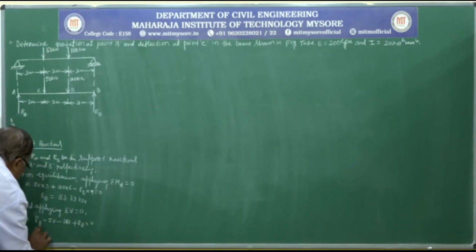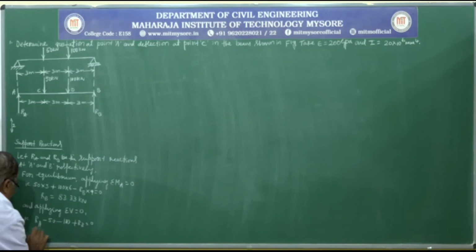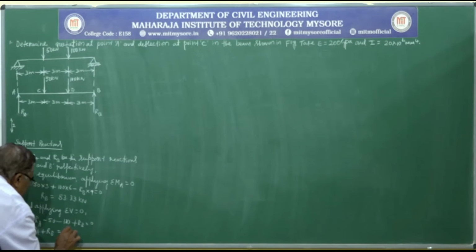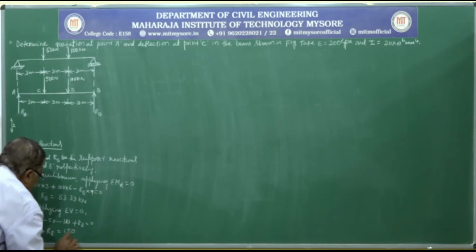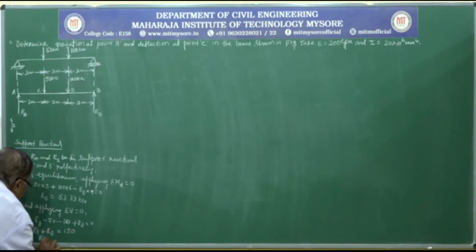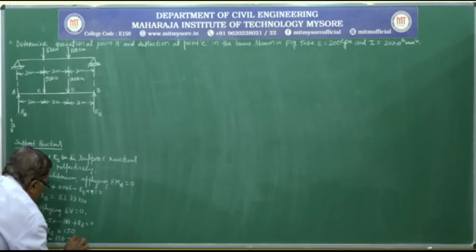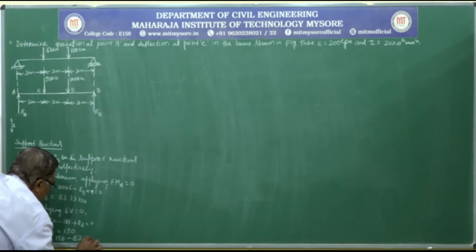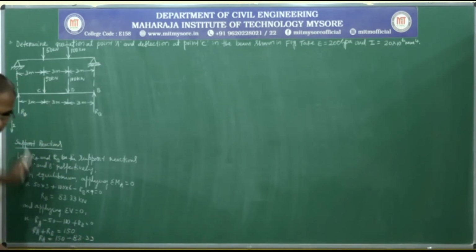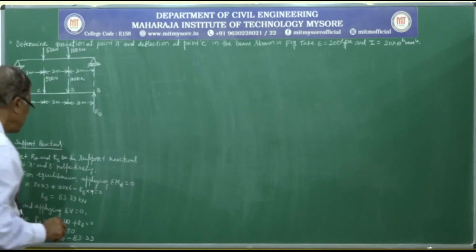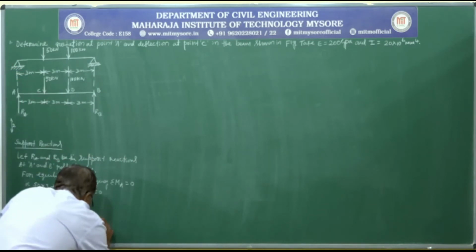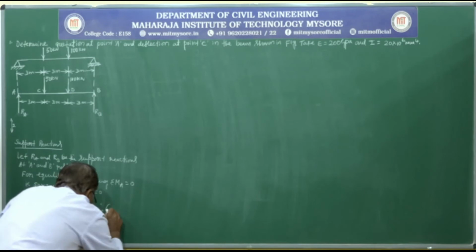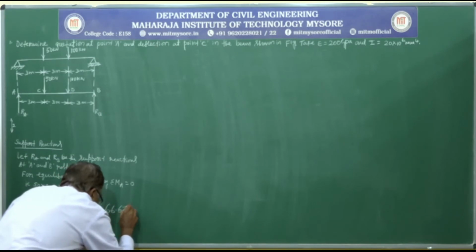RA plus RB is equal to 150. Therefore, RA is equal to 150 minus 83.33. Therefore, RA is equal to 66.67 kilonewton.